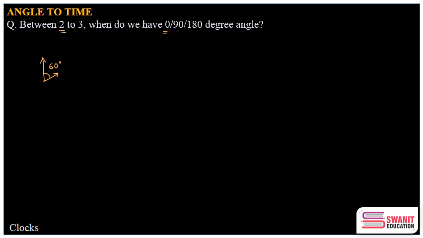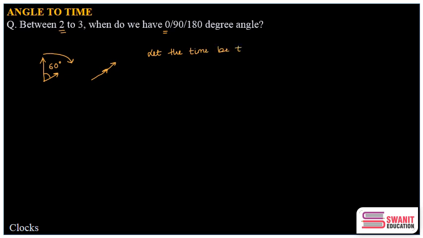To get the angle 0 degree, the minute hand must travel such a distance that both needles overlap, and the angle becomes 0 degree. Let the time after which they coincide be t minutes.